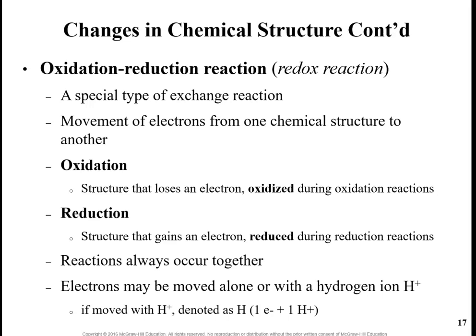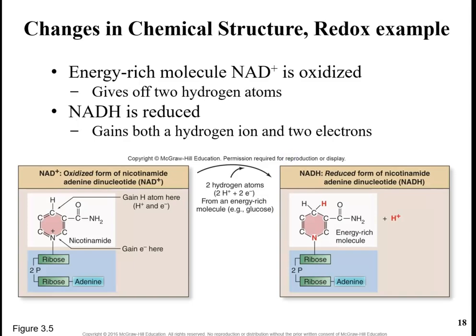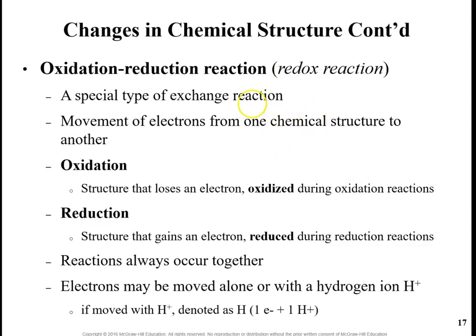And the way that I remember these and keep these separate in my head is I remember that reduced is referring to the charge on the molecule. So let's say you started with a neutral molecule and it gained an electron.